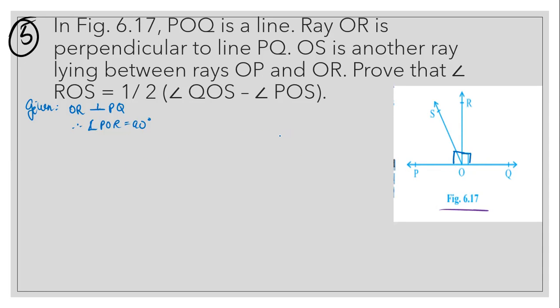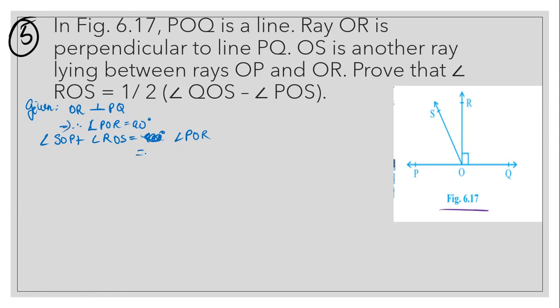So now in angle ROP, can I say that angle SOP plus angle ROS is equal to 90 degrees? Or wait, let's write it as angle POR, meaning this angle SOP plus this angle make this complete angle, correct? So what is angle POR from above?